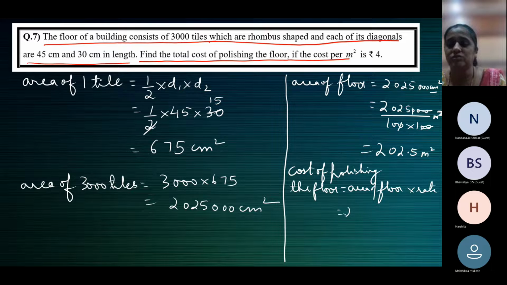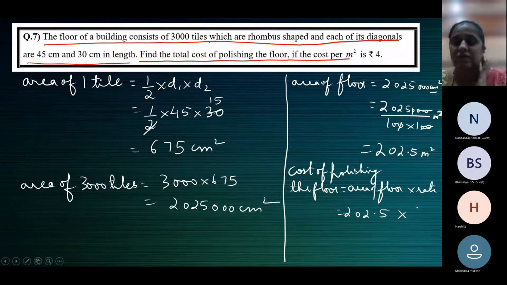So the area of the floor is 202.5 and into rate rupees 4 per meter square. Since the rate is given per meter square, we have to convert area also to meter square. That is why when we found the area in centimeter square, we converted that to meter square. Only then we can apply the rate.